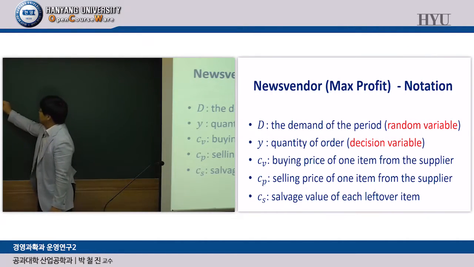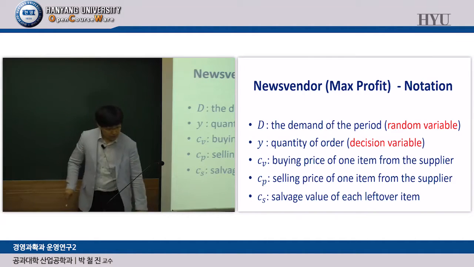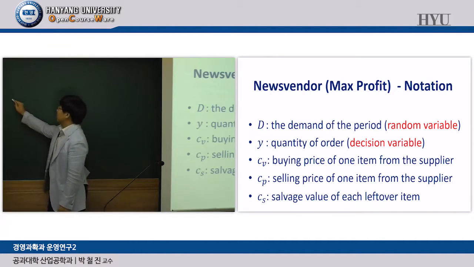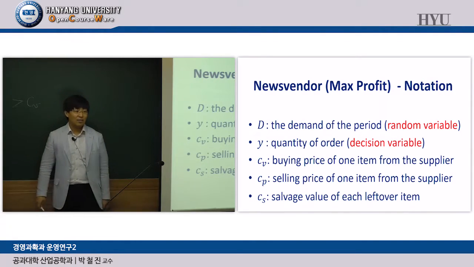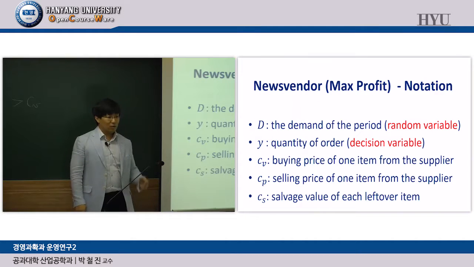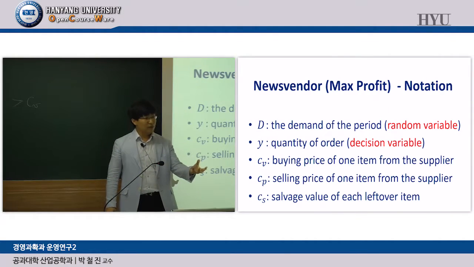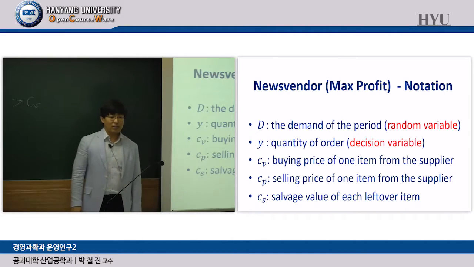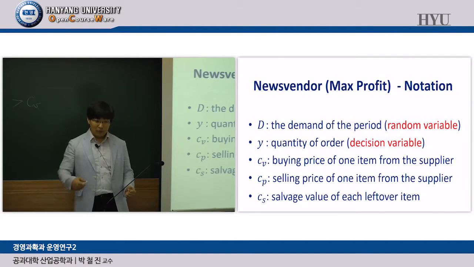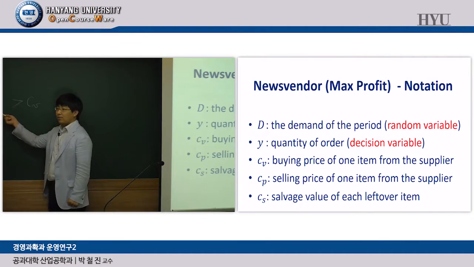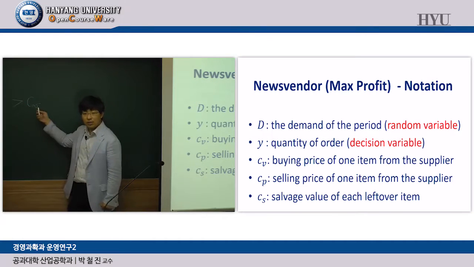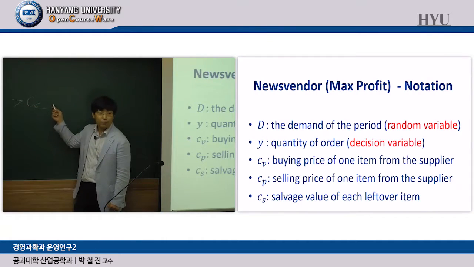And usually this selling price C sub p is greater than C sub v, right? Otherwise, we cannot earn money. If we buy a newspaper from a manufacturer at $1 and then we sell it at $0.50, then we lose $0.50 per newspaper, right? So usually the selling price is greater than the buying price.